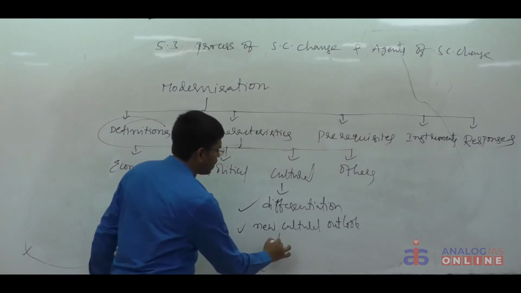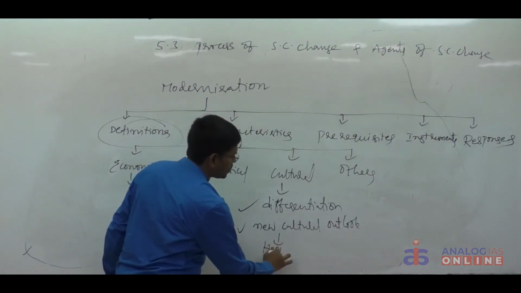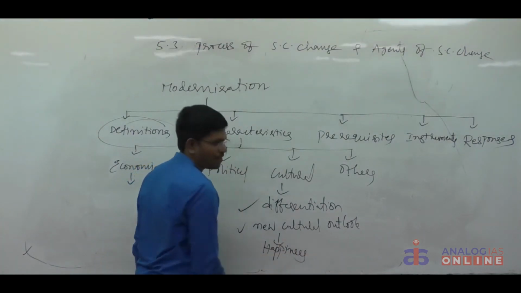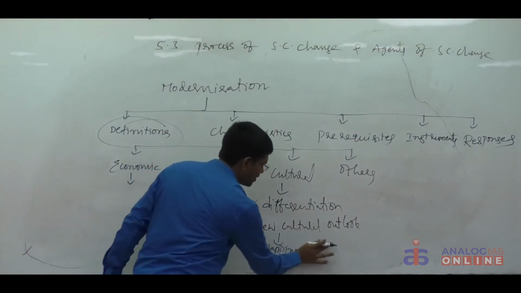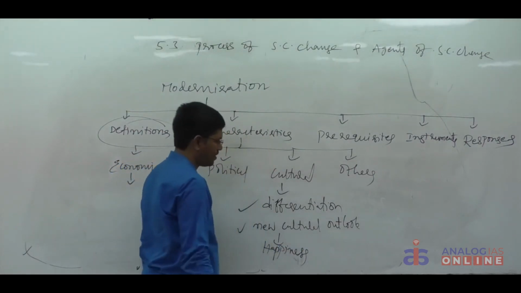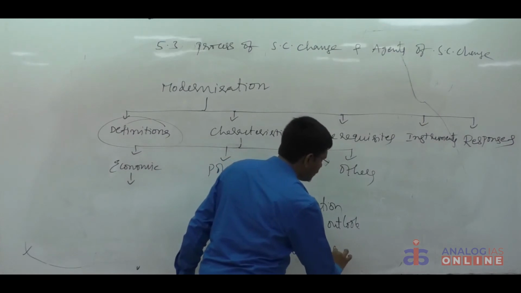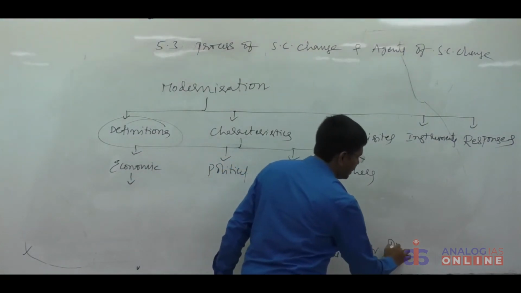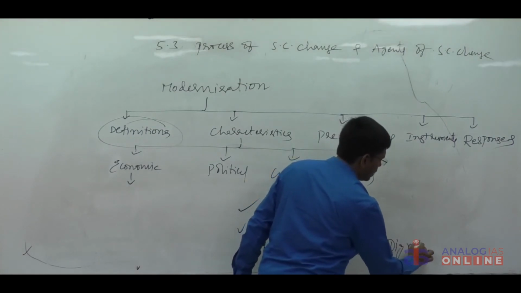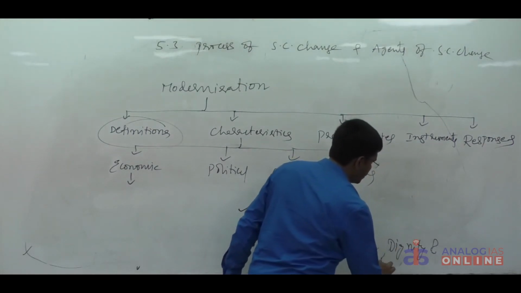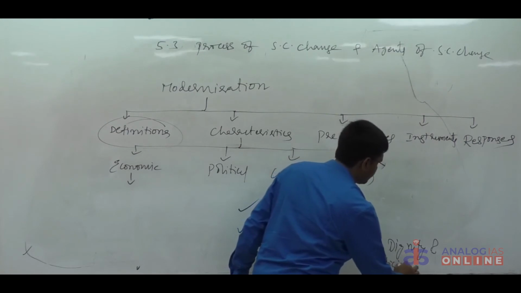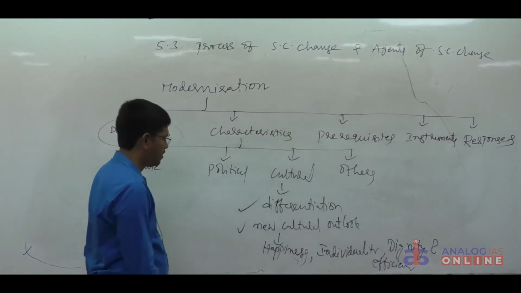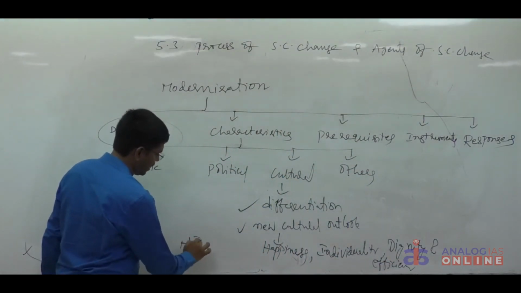Emphasizing happiness. Once upon a time, moksha. Now it is not so. Happiness is more important. Happiness, individuality, dignity, efficiency, etc. For your easy remembrance, I can give you one mnemonic: HIDE.